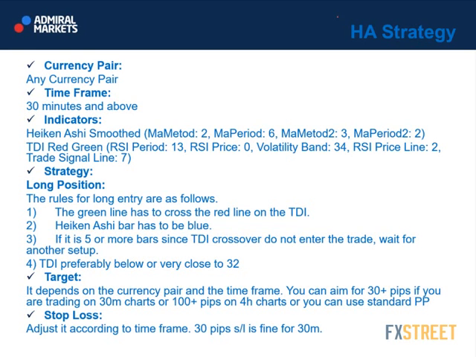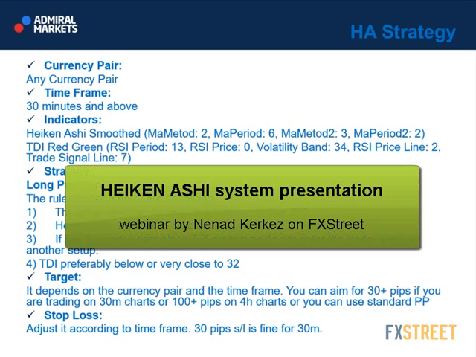This Heiken Ashi strategy has its application on any currency pair and on any time frame. I have tested it on the 30-minute time frame, which I will be using today.